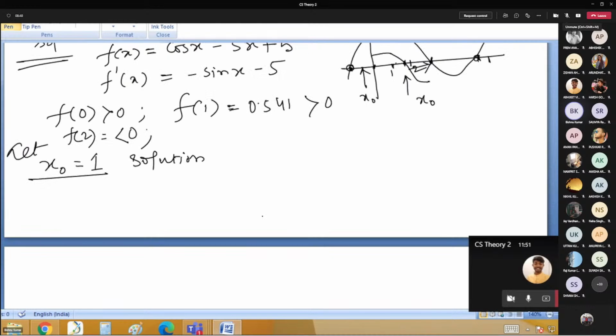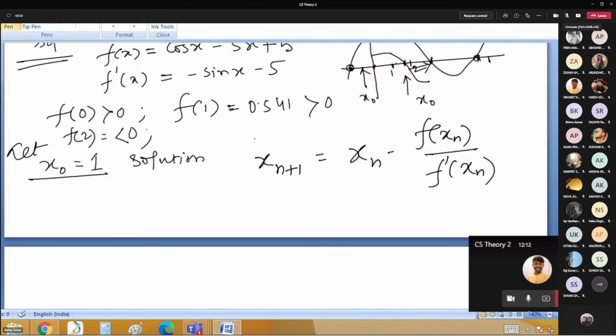Then you put it in the iteration scheme. What is the formula? x(n+1) equals xn minus f of xn by f dot xn. In that iteration process, you put n equals 0: x0 minus f of x0 by f dot x0.